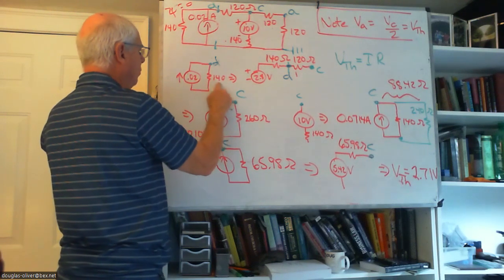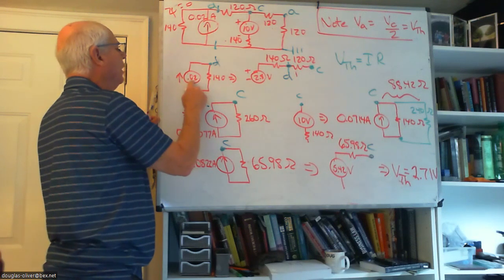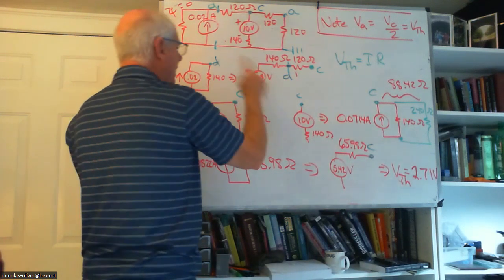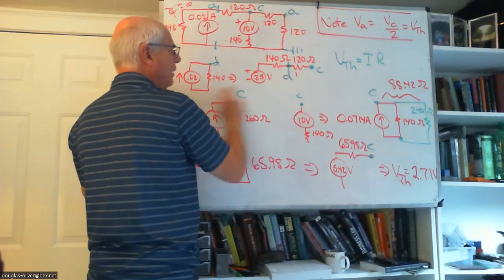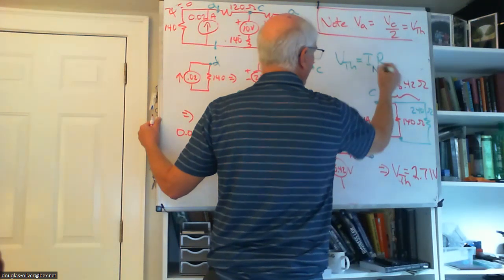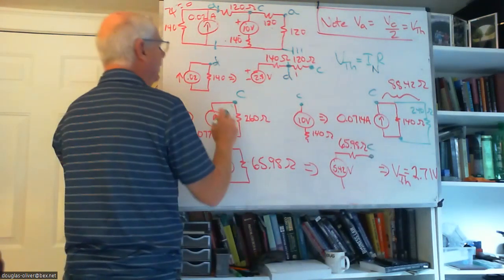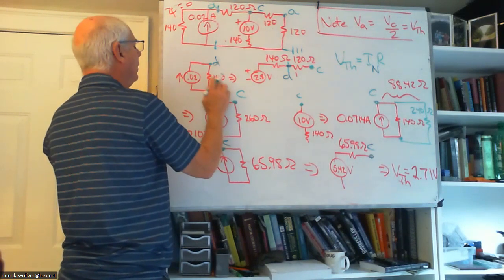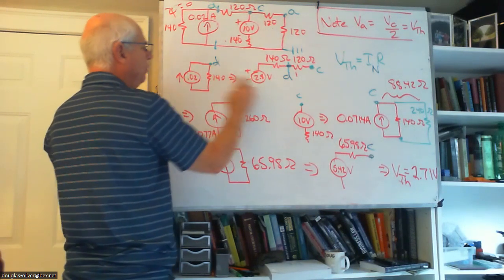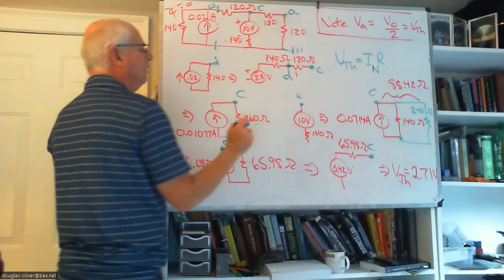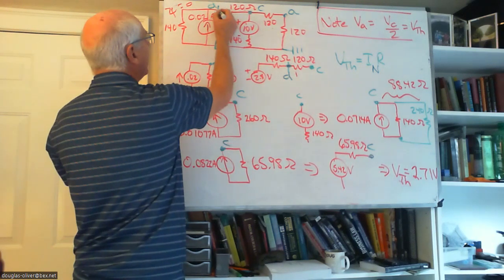So that's going to be equivalent. This is a 140 ohm resistor and a 0.02 amp current source. That's equivalent by Thevenin Norton equivalence, where V Thevenin is equal to I Norton times the equivalent resistor. Well, so let's see. 140 times 0.02 is 2.8 volts and 140 ohms there. Now, we're going to add on to that.